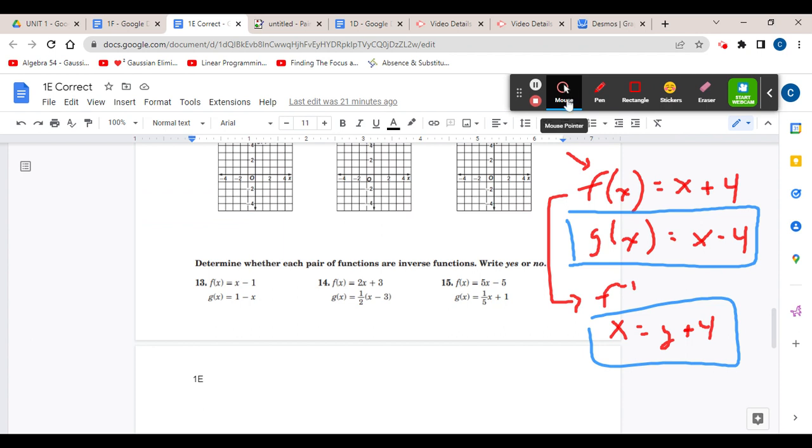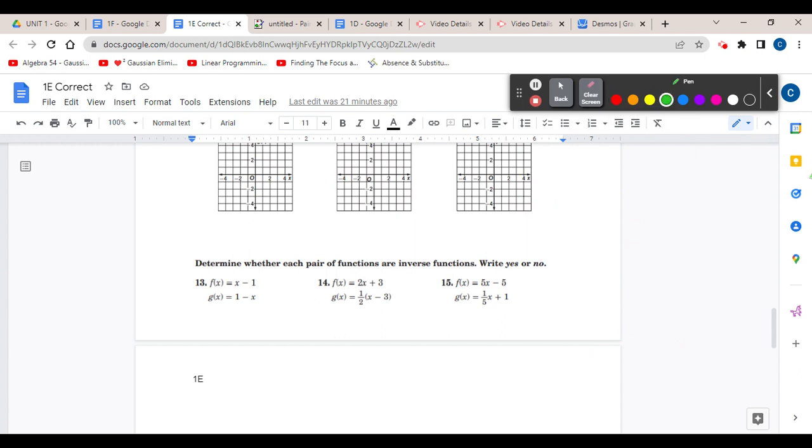Let me do another example real quick before I let you guys get after it. Let's say we have f of x equals 2x plus 5, and g of x equals 5x minus 2.